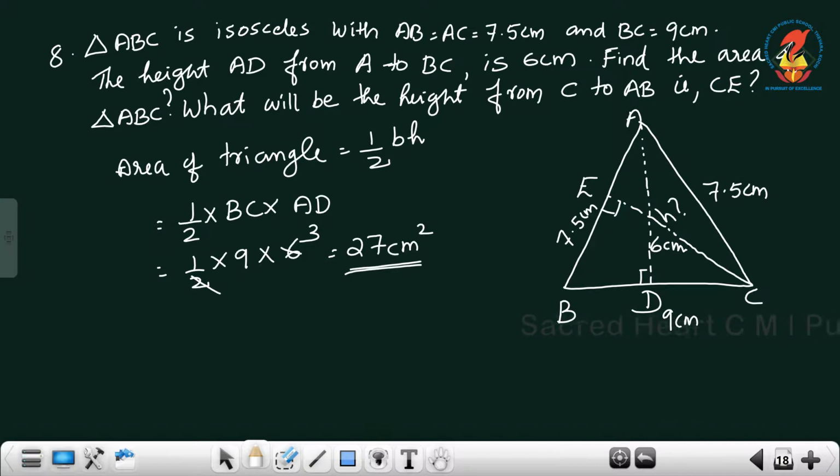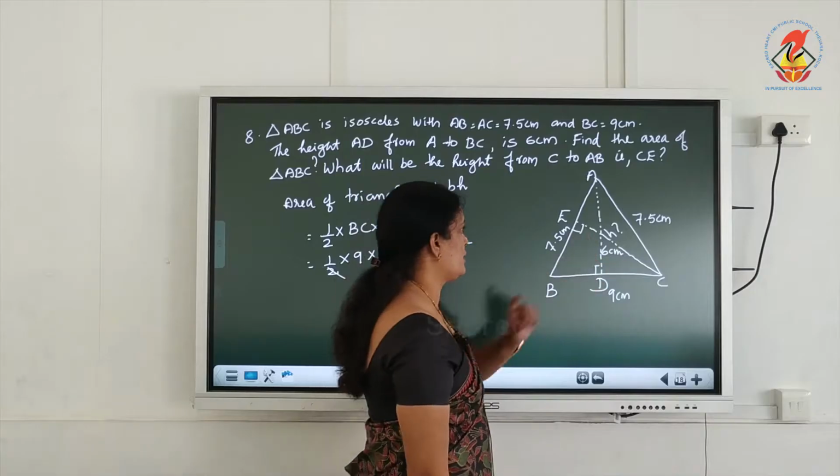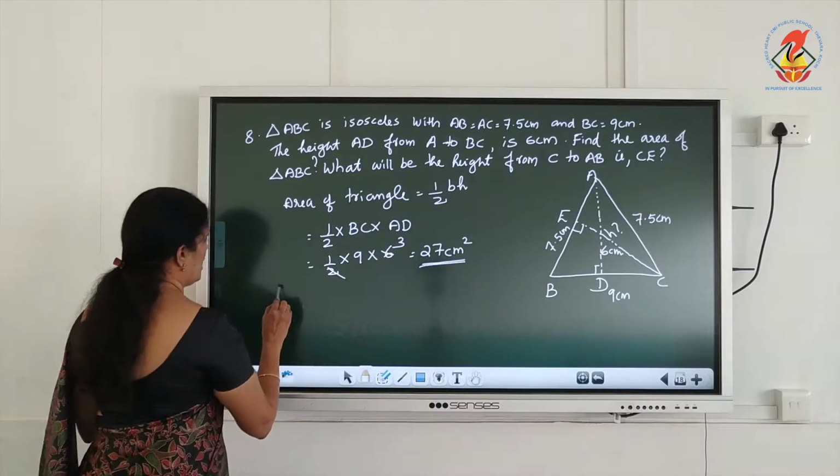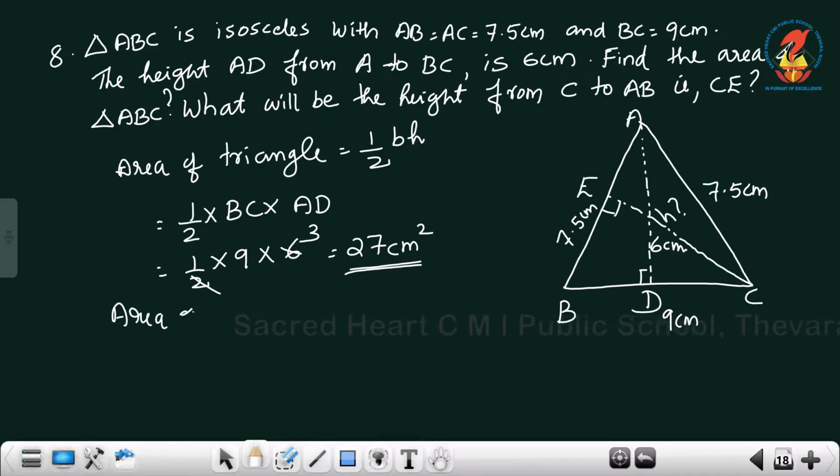Okay, using this area we can calculate the height also. Next you consider the area of triangle, same thing, equal to half into base into height.